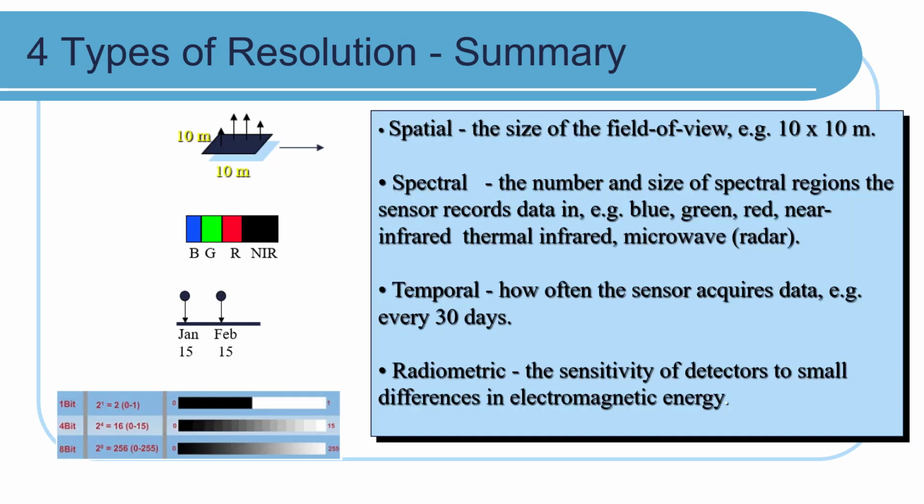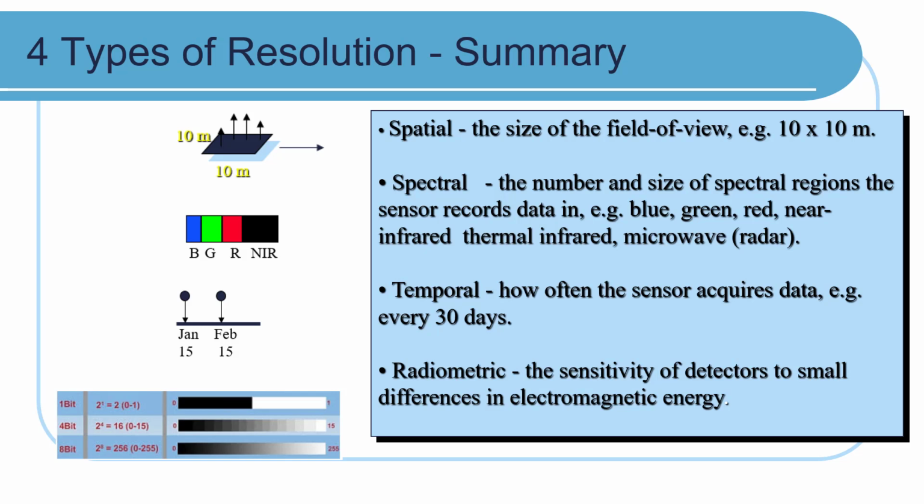So in summary, here are the 4 types of resolution and some images to go with them. We have spatial, which is the size of the field of view. This example is 10 meters by 10 meters. We have spectral, which is the number and size of spectral regions the sensor records in the data. This one's showing blue, green, red, and near infrared. We have temporal, which is how often the sensor acquires data.